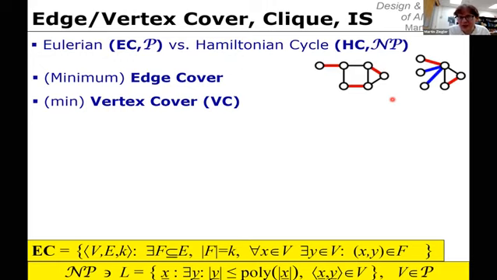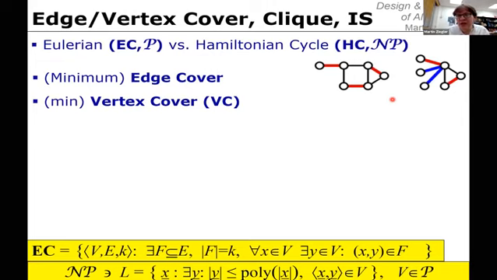They, in a sense, cover the vertices, namely every vertex is an endpoint to at least one of the red edges, so that the 3 red edges form an edge cover of this graph of size 3. And this is a minimum edge cover. There is no way to cover all vertices with less than 3 edges.